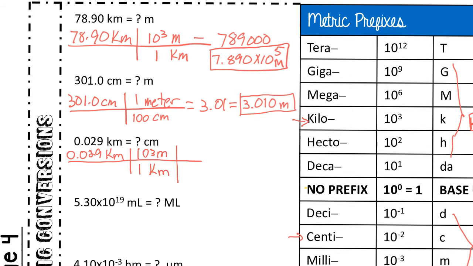I've got meter on the top, so I'm going to need meter on the bottom. Now I'm going below the base unit, so I'm going to have 1 meter, and I'm going to have 100 centimeters. So I went through the base unit. My kilometers are crossing off, my meters are crossing off, and now I'm ready for the calculator. And you're going to get 29000. I need to have 2 significant figures. This number does have 2 significant figures, so I'm all set.